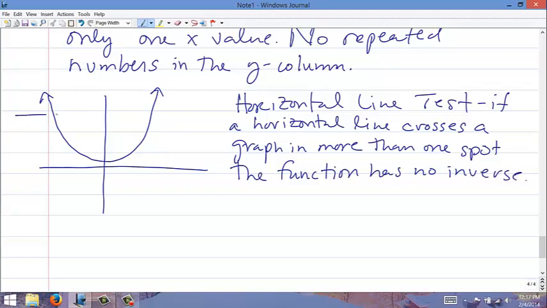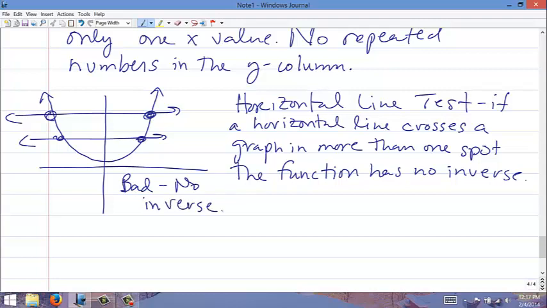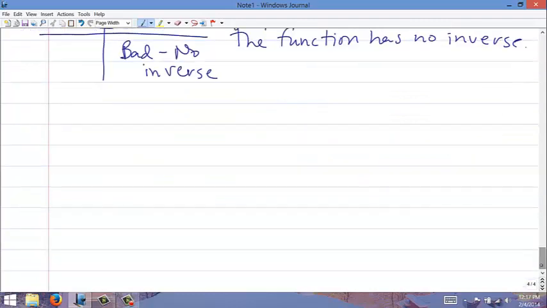So this function, of course, is bad, because no matter where I draw a horizontal line, I'm going to cross the graph in more than one spot. So this is bad. No inverse.